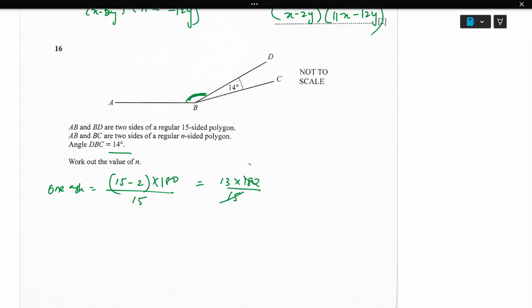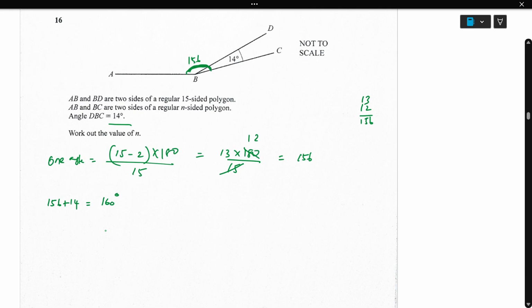I'll divide here, so 13 times 12, which gives 156. So this angle is going to be 156. Now there is another polygon: 156 plus 14 is 160 degrees, the interior angle.